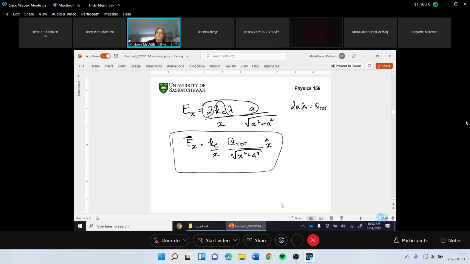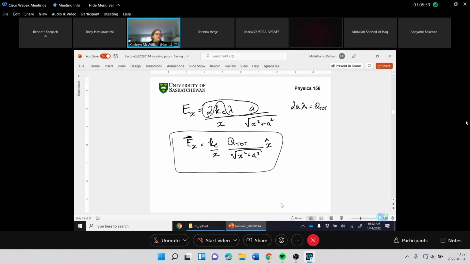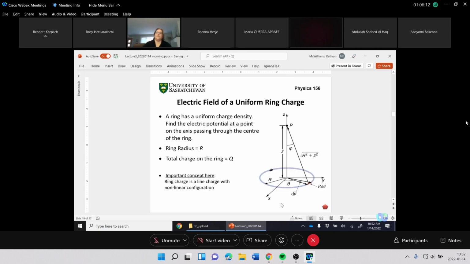Okay. So we've got another example here. Does anyone need to screen capture that? Leave that one for a second. We've now got another question with a different charge configuration.